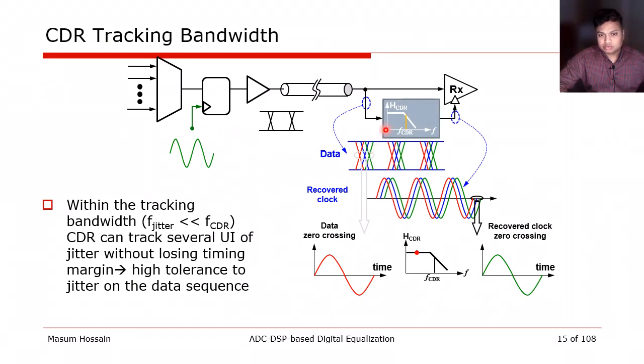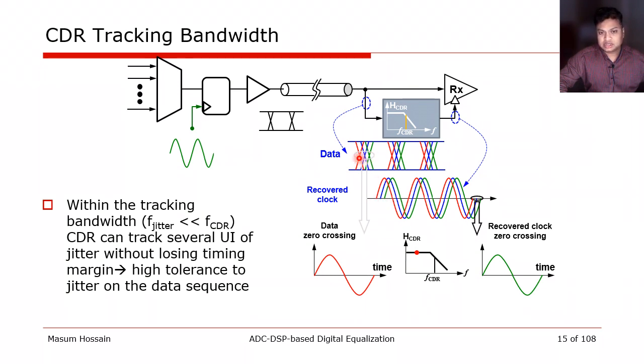From a jitter viewpoint, CDR looks like a low-pass filter. If the incoming eye is drifting at a relatively slow rate, meaning the zero crossings are varying slowly such that we are well within the CDR's tracking bandwidth, then it will recover a clock that synchronously dithers with the input eye.